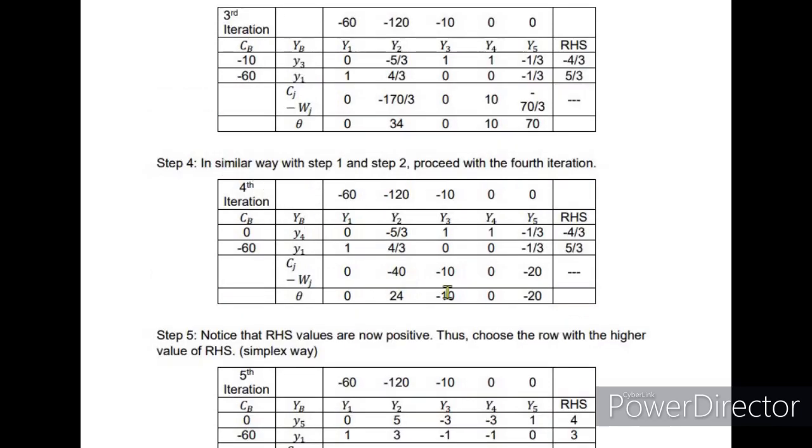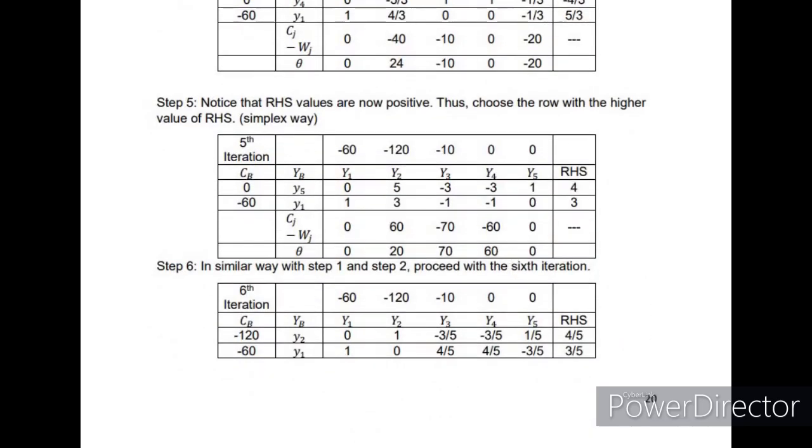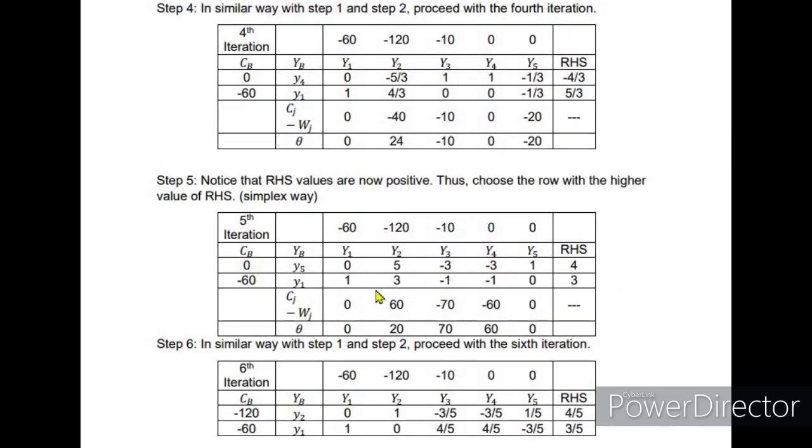So the lowest value here is negative 20. So you will choose column y sub 5, and it will replace the row y sub 4. Here in iteration 5, we write it down by dividing all the elements or values in the previous row, which is y sub 4, by the pivot element.